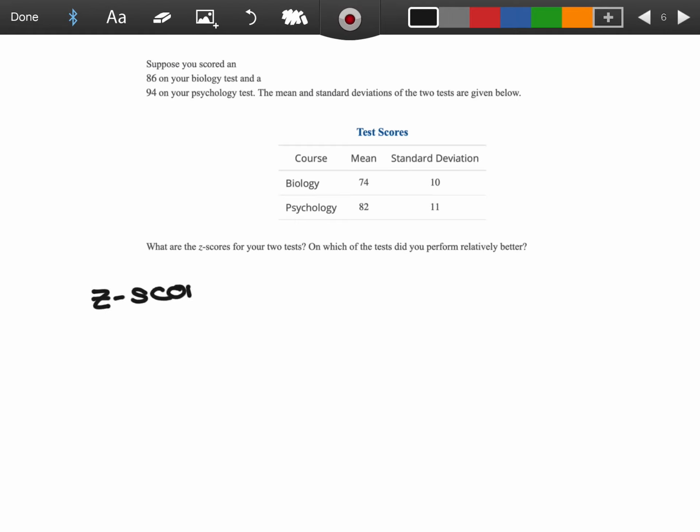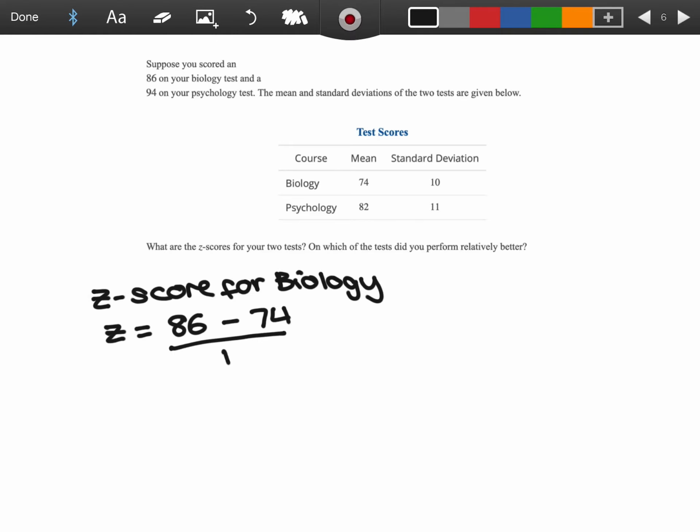So my z-score for my biology test, let's start with that one. So z is equal to my data point, my test score was 86, minus the mean of 74, divided by the standard deviation, which was 10. If you work that out, that would be 12 divided by 10, which is 1.2.